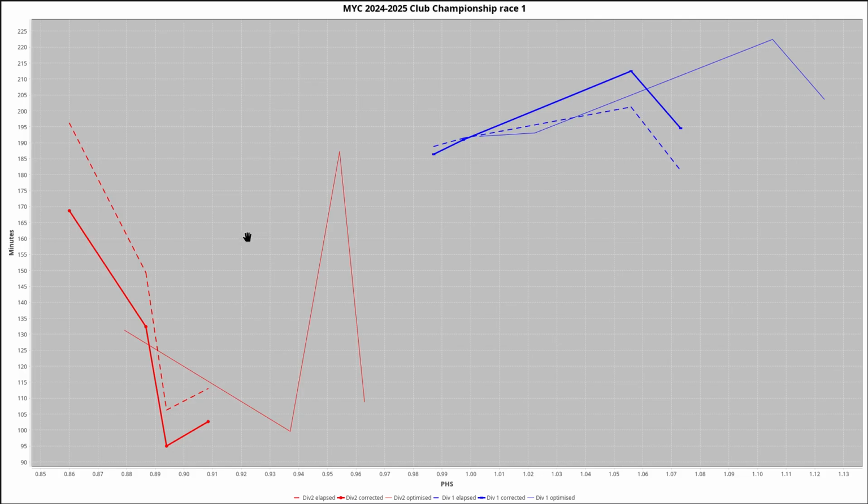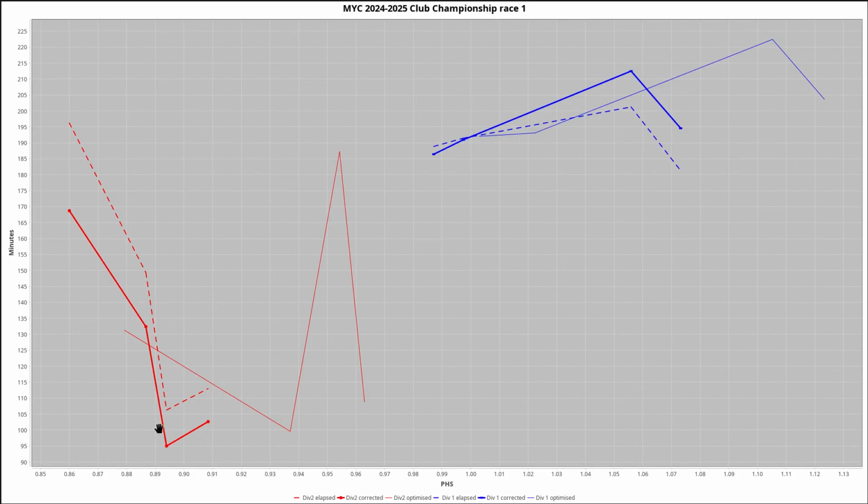That's the corrected time for the handicap of that race. And it should be level, because the handicap's striving to make a tied result, so you'd expect to see this bold line level.